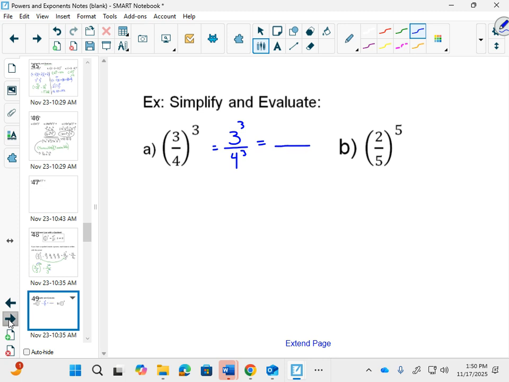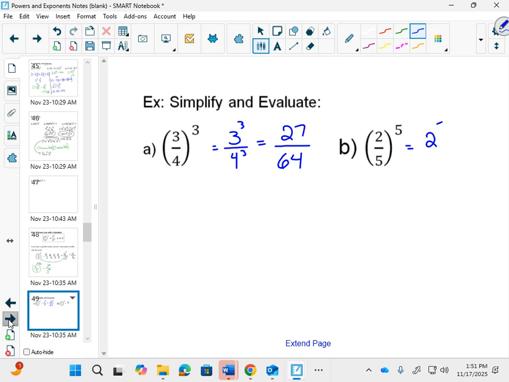And then anybody know what 4 times 4 times 4 is? 3 times 3, 9. 9 times 3 again, 27. 4 times 4 is 16. And 16 times 4 is 64.